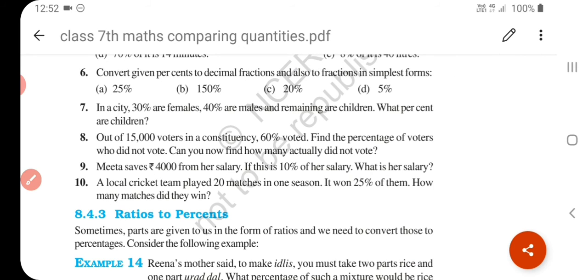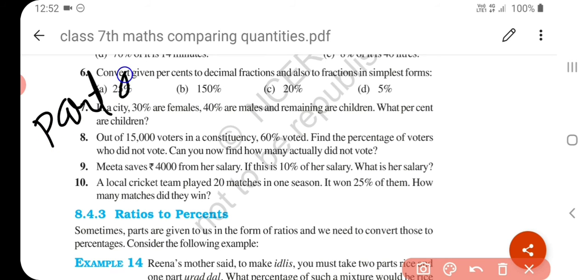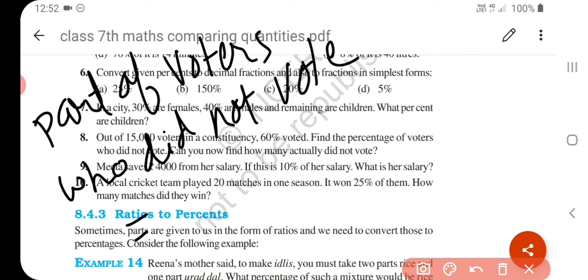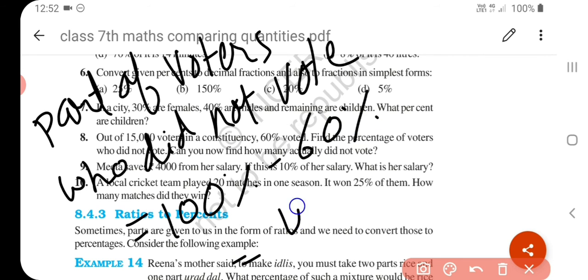From the total 100%, if we want to find the part of voters who did not vote, it is 100% minus 60%. So it becomes 40%.